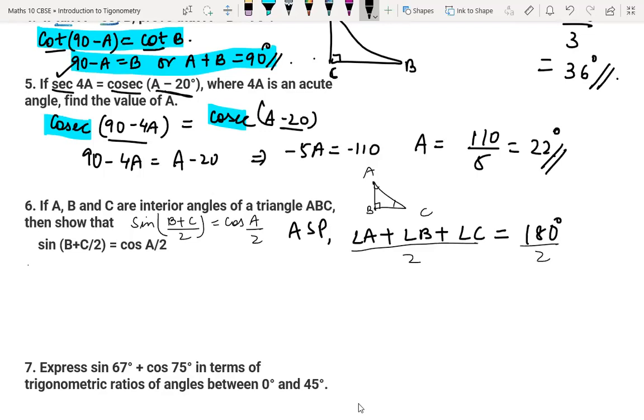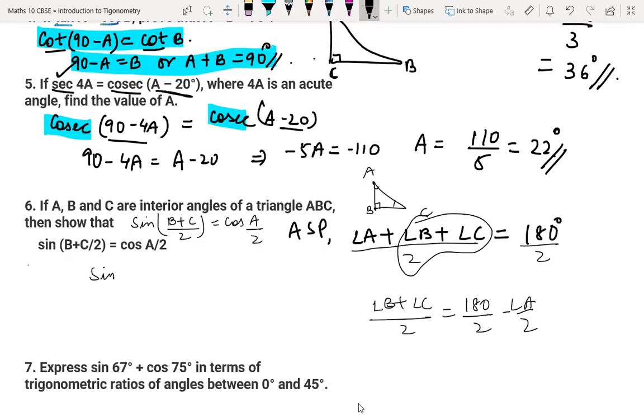We have to write sine of (B plus C) by 2. Leave it as it is here. So we can write angle B plus angle C by 2 is equal to 180 by 2 minus angle A by 2.